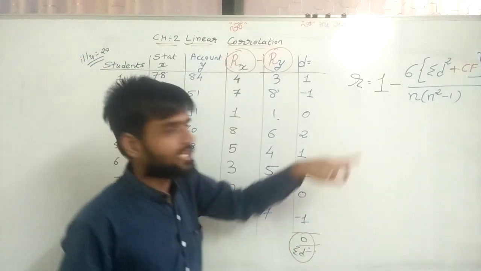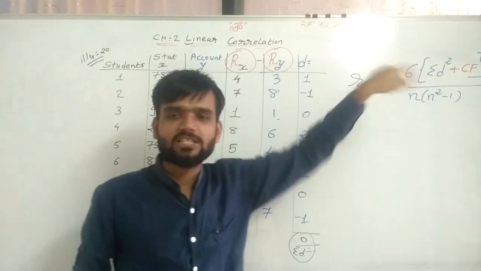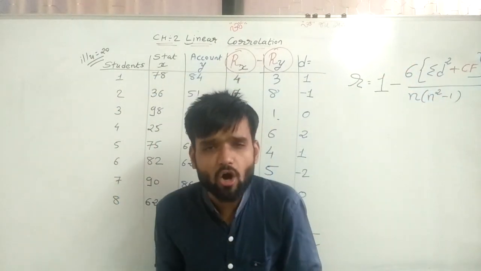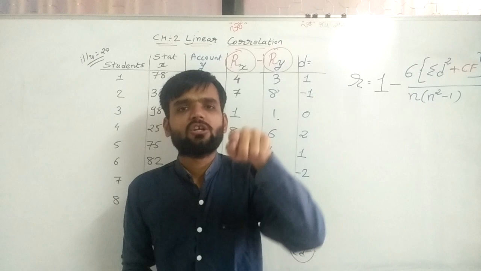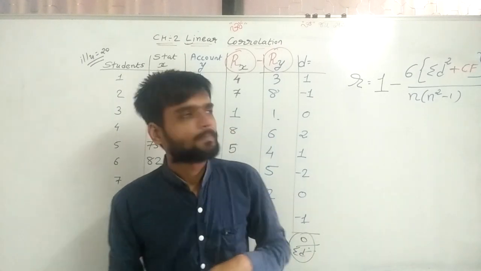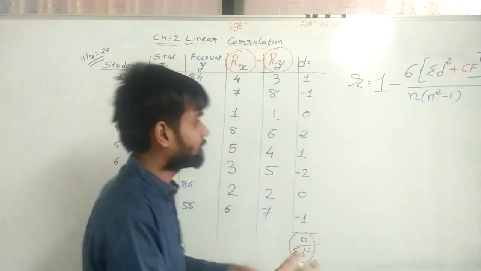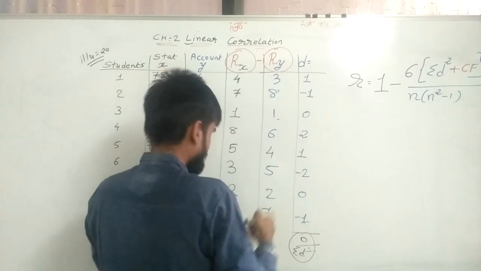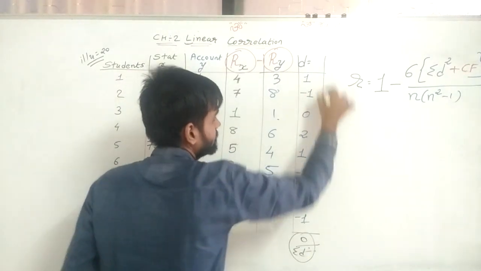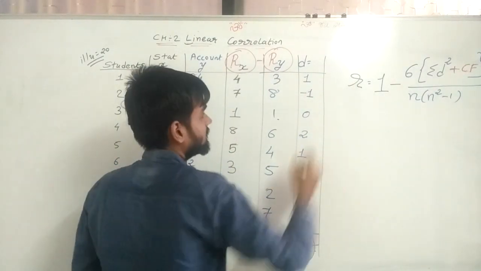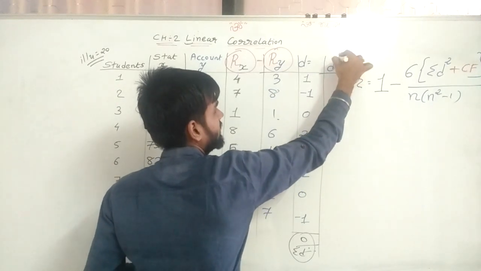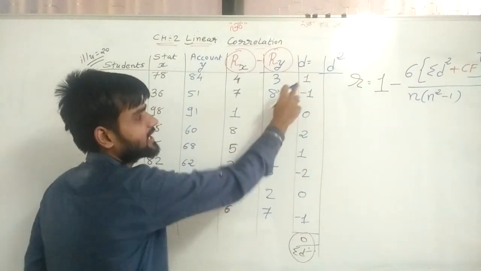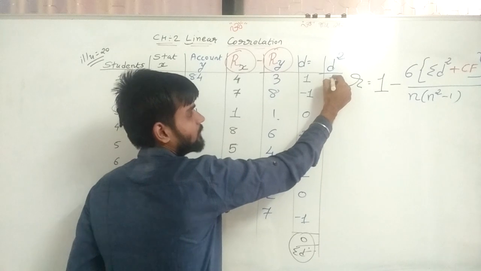Here what we need is sigma d square, the total of d square. First we find d square, then we make the total of it. So d is 1, 1 square is 1.